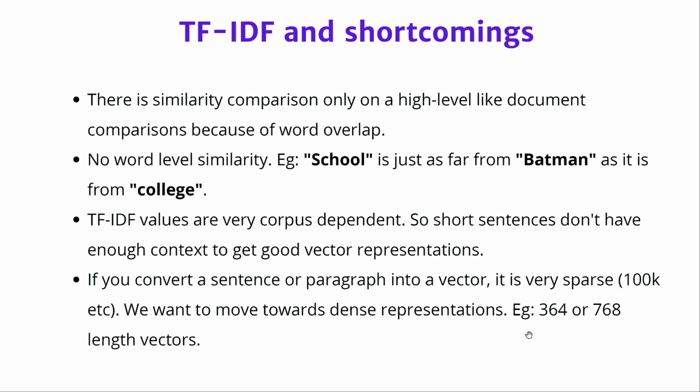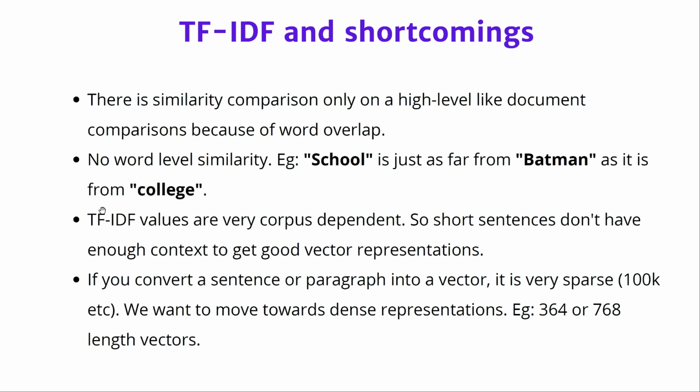And you can already see some of the shortcomings of TFIDF, because you can only do similarity comparison or classification on a very high level at the document level, because you are essentially comparing word frequencies and word overlaps.